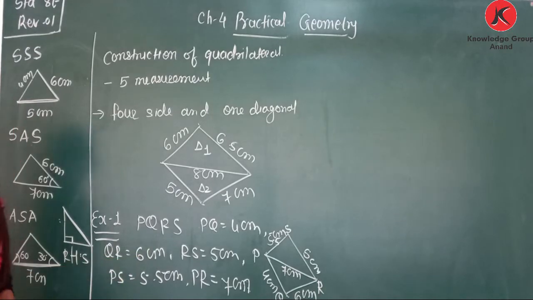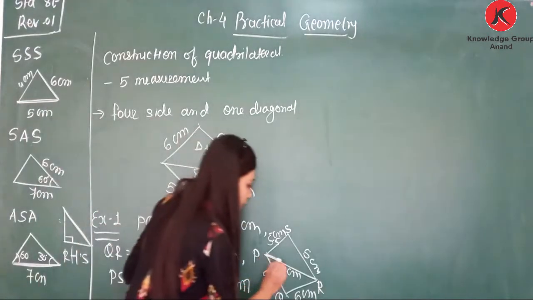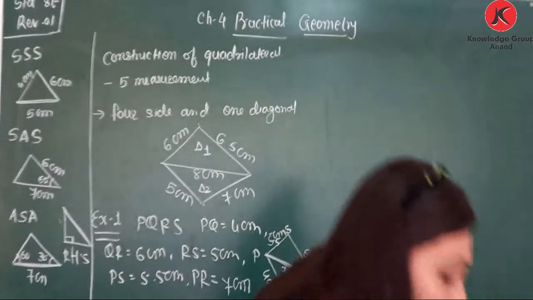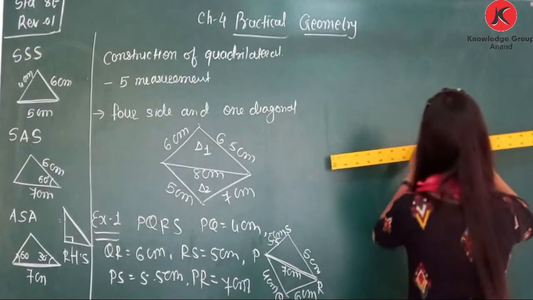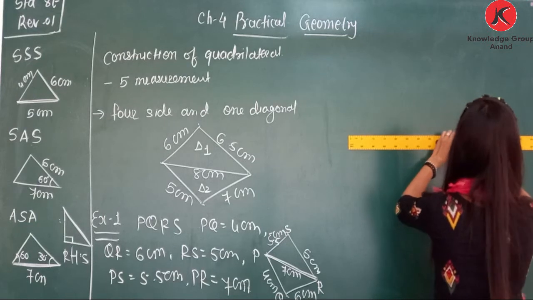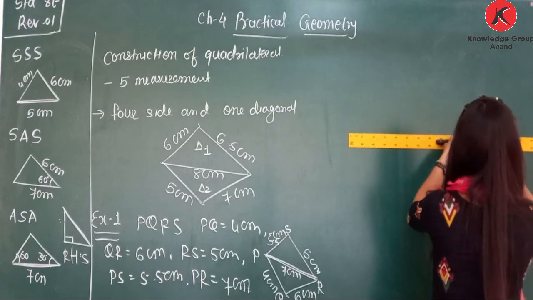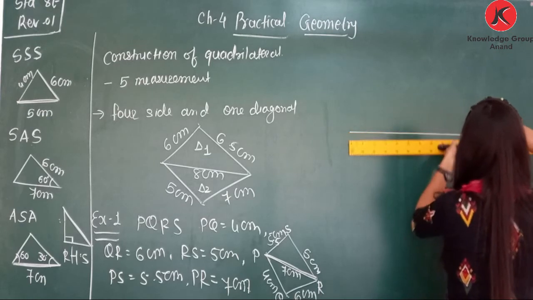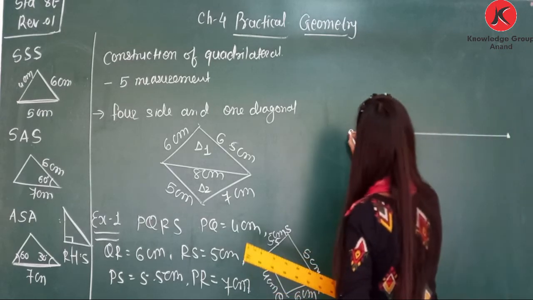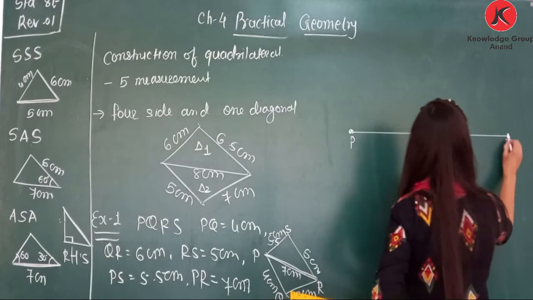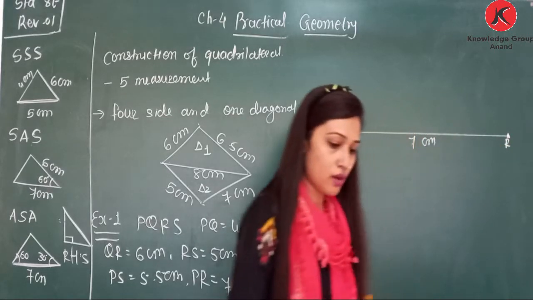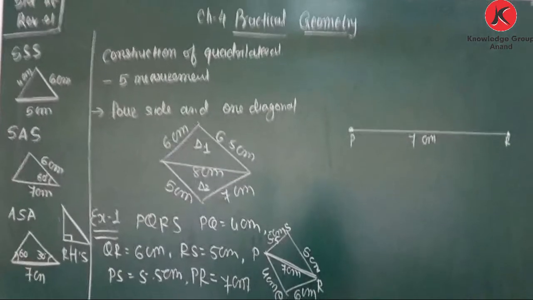So what we need to draw first? Draw PR of 7 centimeter. So let's draw PR of 7 centimeter using scale. Now, what needs to be your next step?